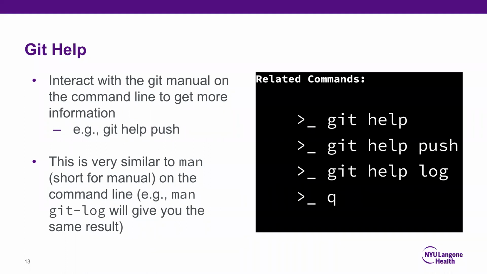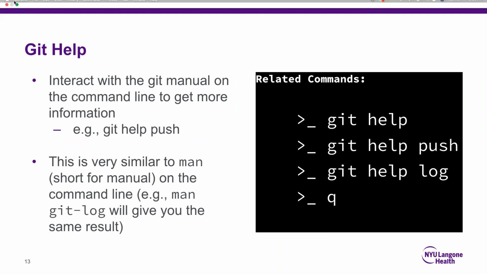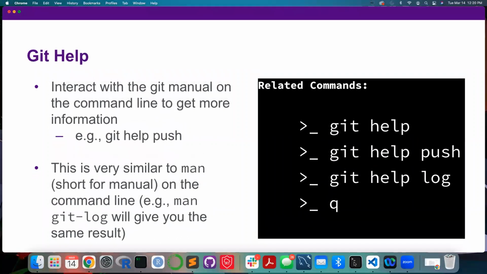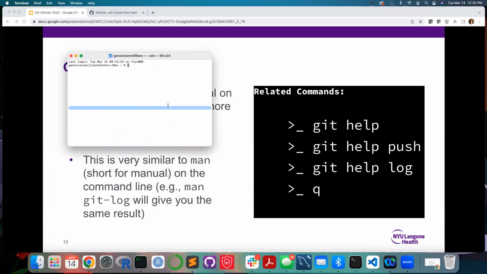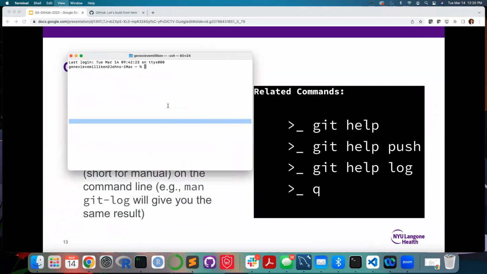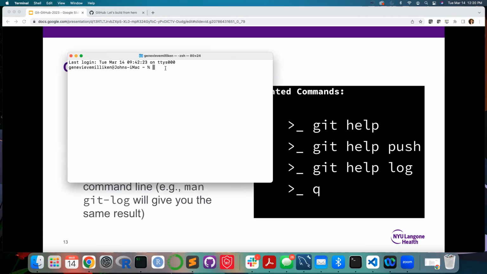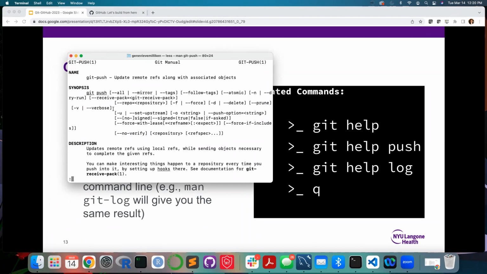I can go ahead and demonstrate that for a second. Make this a little bit bigger. Just do git help push, and I will get the entry for push.